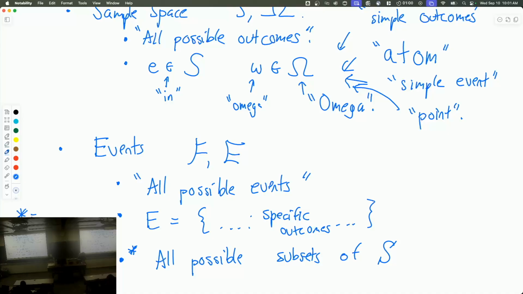I'm teaching a 4th year class next term on infinite measure spaces. But fortunately for us in this class, at least to start with, S will always be finite, and then it really is all possible subsets, and you don't need to worry about this. The events are all the possible subsets of S.